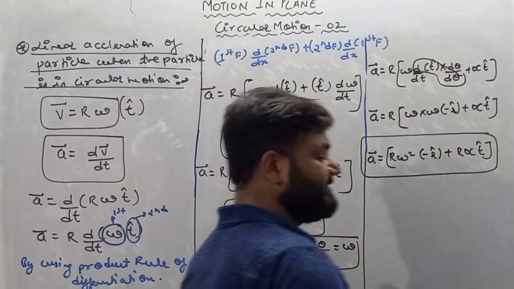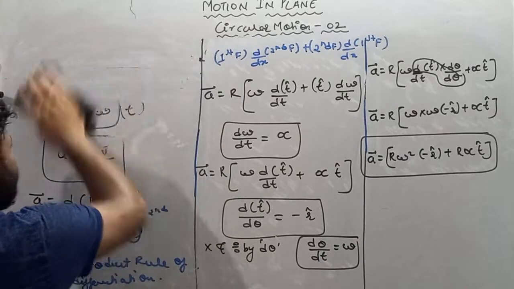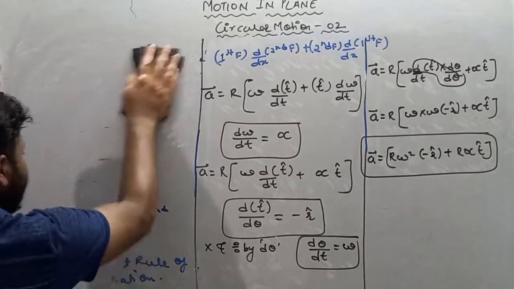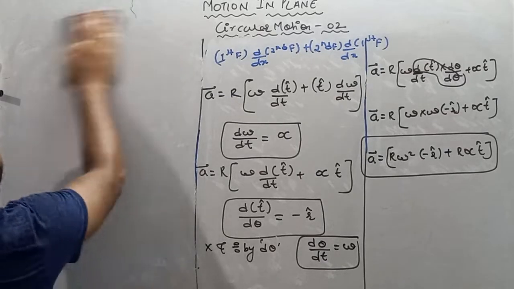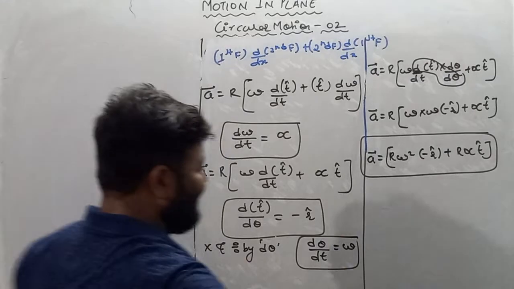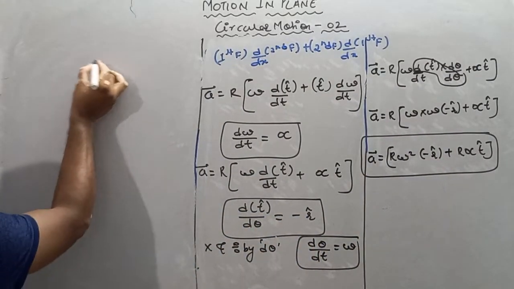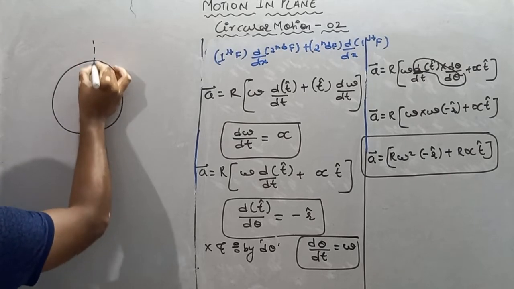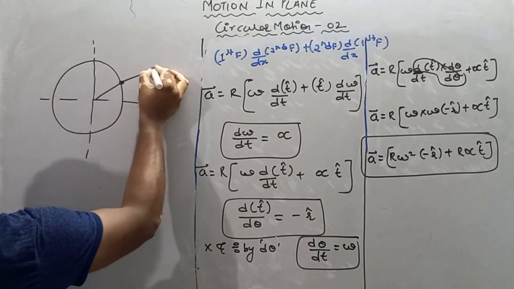Moving forward, my dear students, see what this relation shows. Try to understand, because this is a very important concept. We know that we have two different unit vectors: one is the radial unit vector and the other is the tangential unit vector. If I am making a circular motion, here it is r cap.